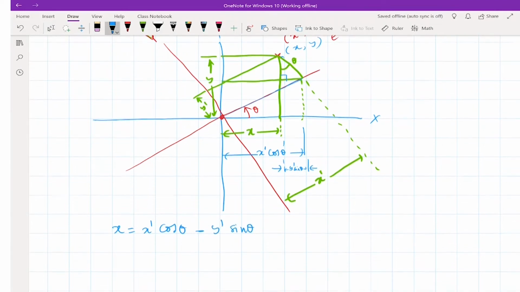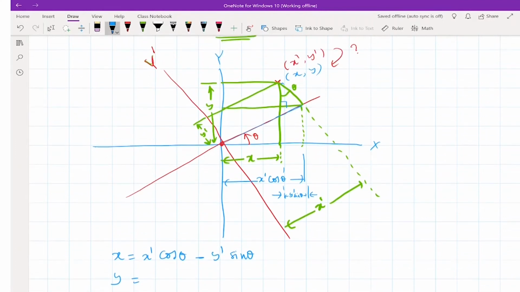Now similarly, let's write the expression for y. This is the y value here, and if you take x prime here, you want this whole length. Where is your x prime? Yeah, this is your x prime. So what would be this length here?